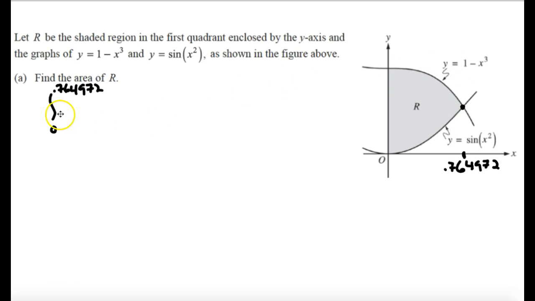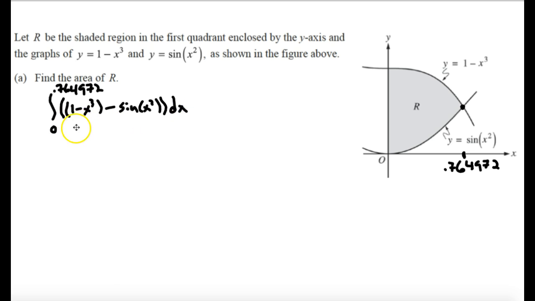Now, I will just have the top function minus the bottom function, and they give us that in the picture. The top function would be 1 minus x cubed, so I will have 1 minus x cubed minus my bottom function, sine of x squared, dx.